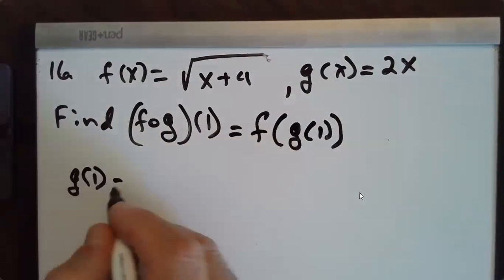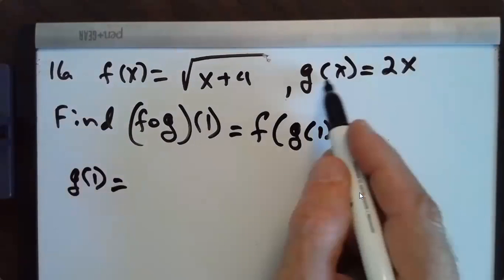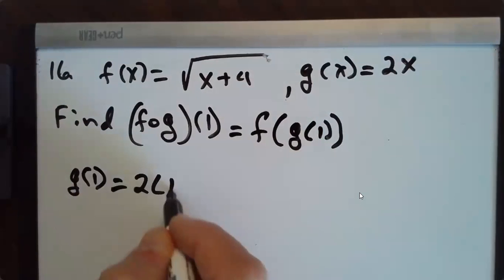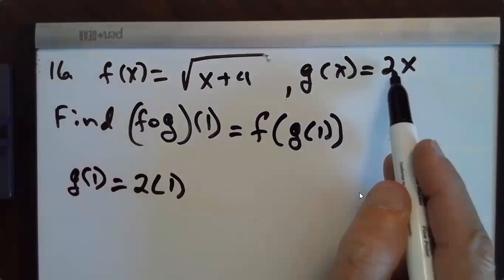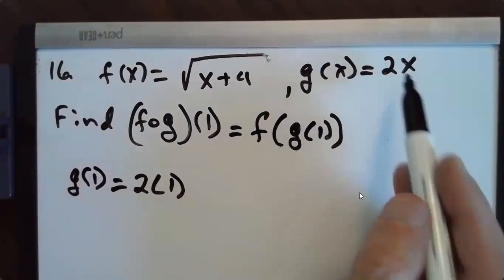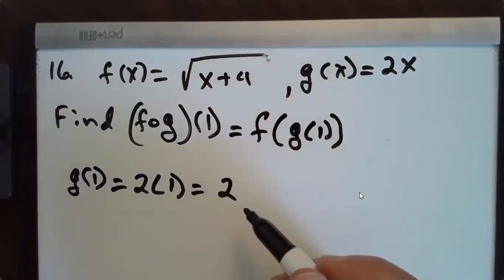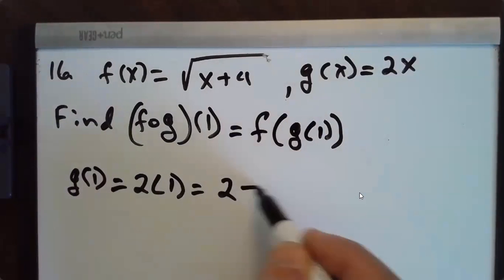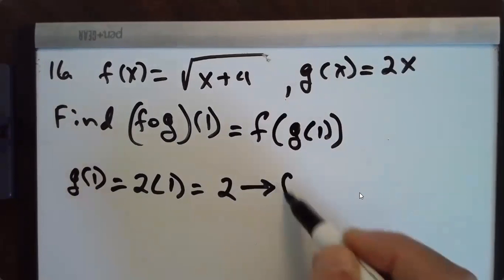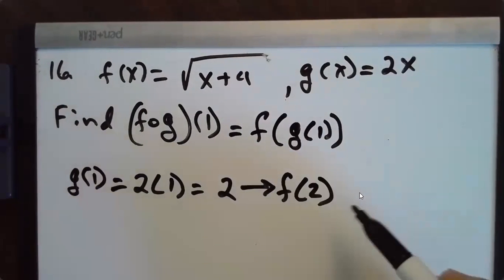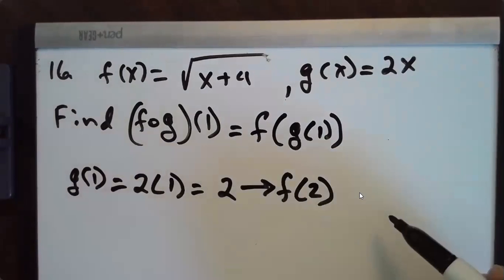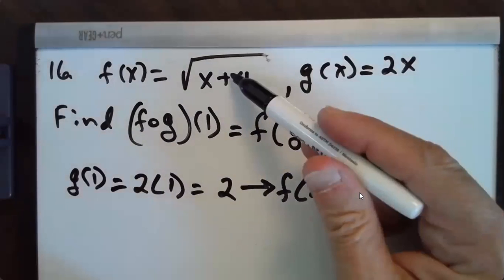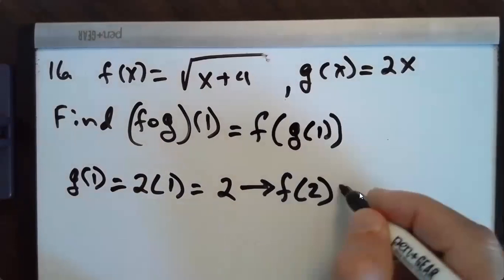So g of x is equal to 2x, right? So this would be 2 times 1. So we put 1 into the g of x function, and we get an output of 2. So the output of g of x is going to be the input to f of x. So this will be f of 2. Now we put that 2 into our f of x function.